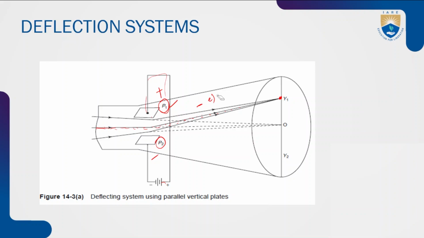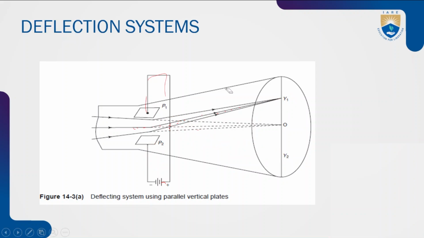The next time, if you connect P2 to the positive terminal and P1 to the negative terminal, then all the electron beams coming from the electron gun try to move towards P2, so that it produces the electron beam spot at point Y2. Like that, as the potentials vary across P1 and P2, the electron beam spot produces points on the fluorescent or phosphor screen.